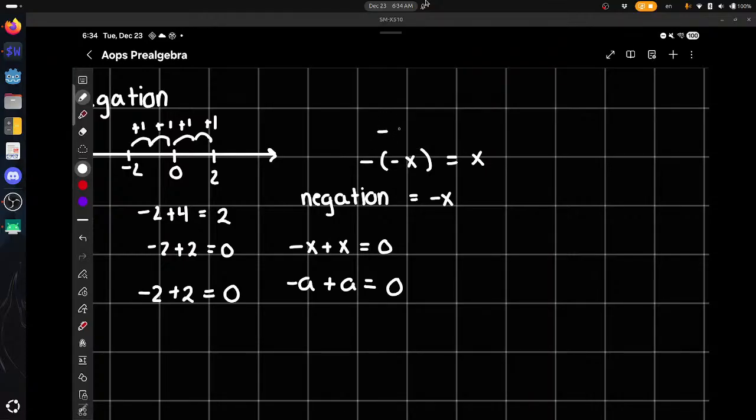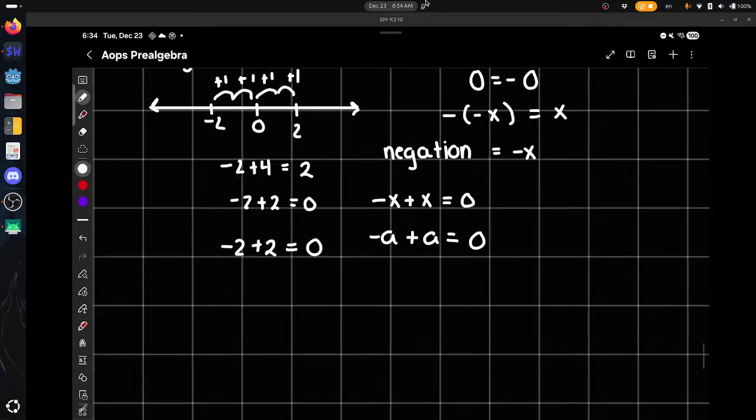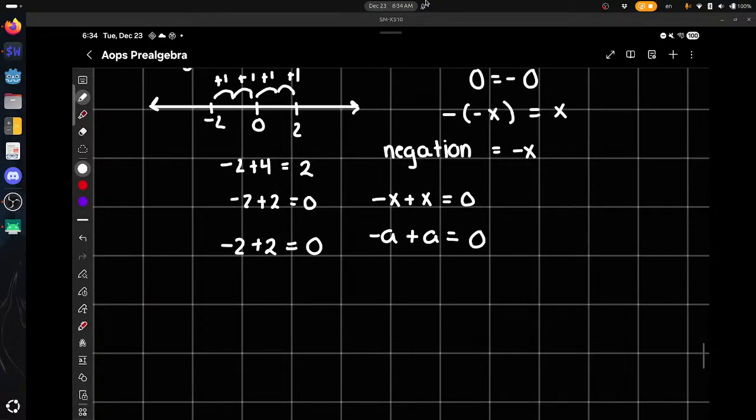Zero has a negation, which is just 0. Okay, let's move on to the problems. I think we get it so far.